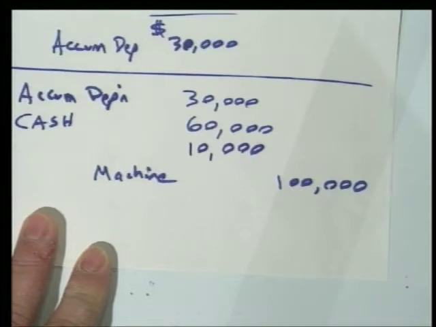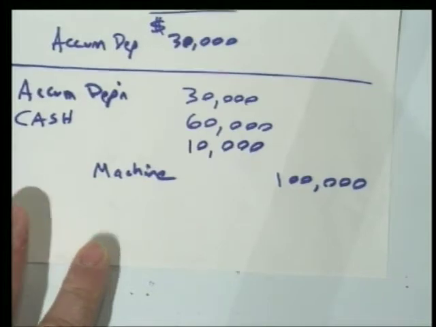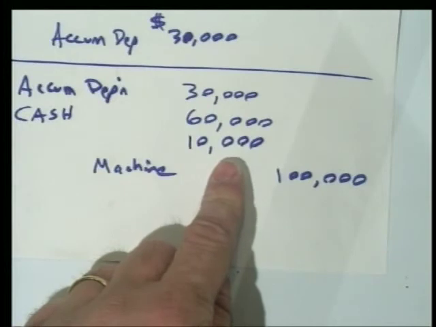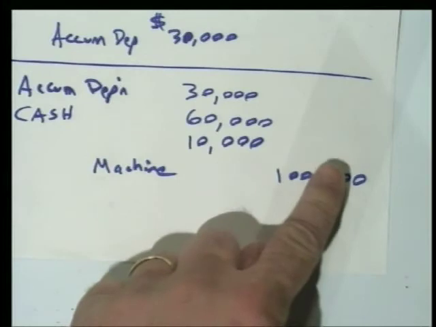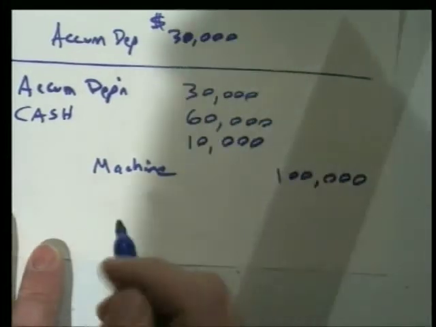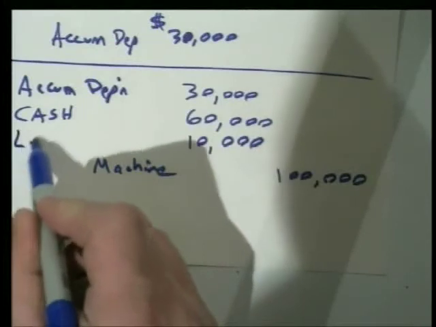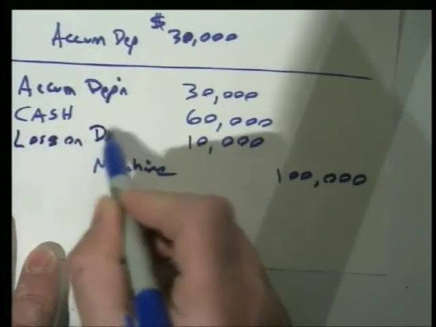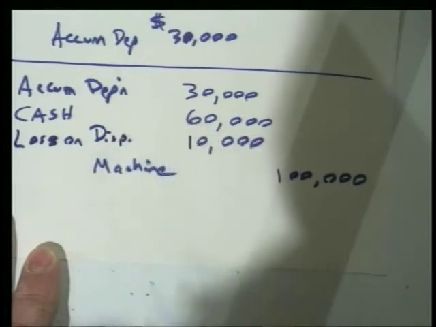Do we debit loss or gain? Give you one more guess. If it's light on the debit side, it is a loss. If it's light on the credit side, it's a gain. Okay? So this is actually a loss on disposal. Okay?